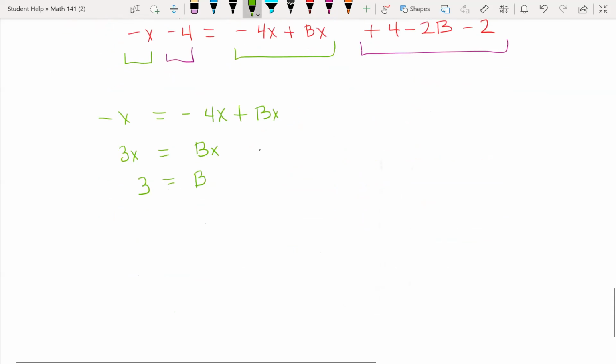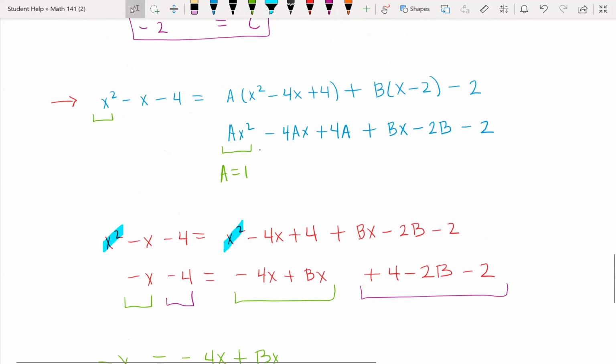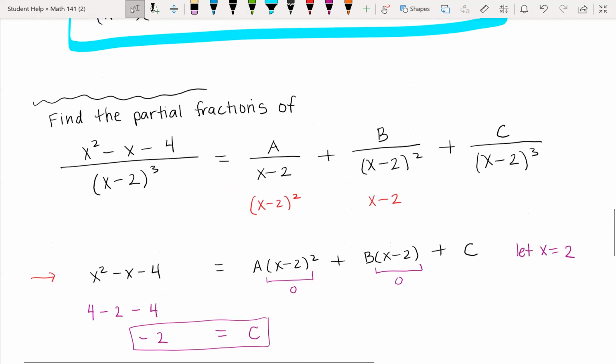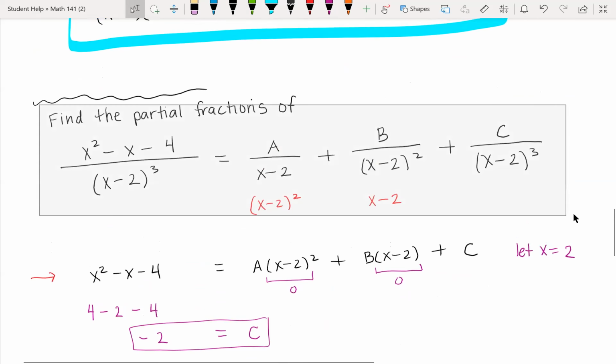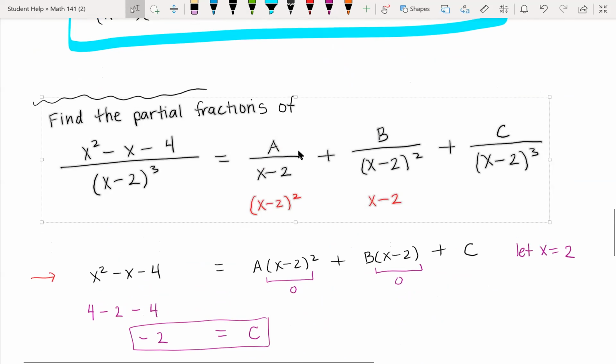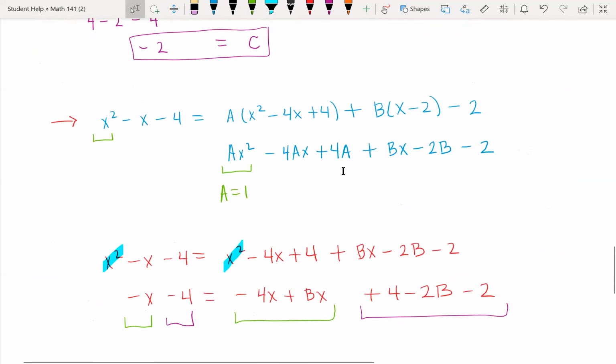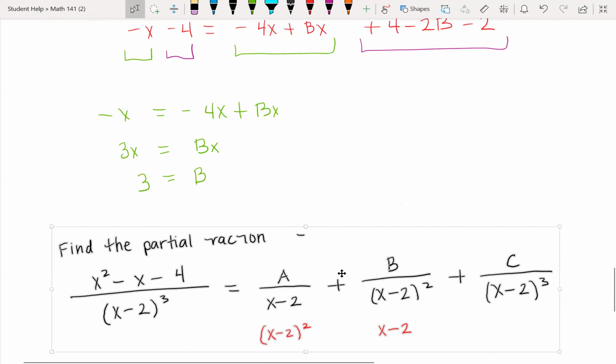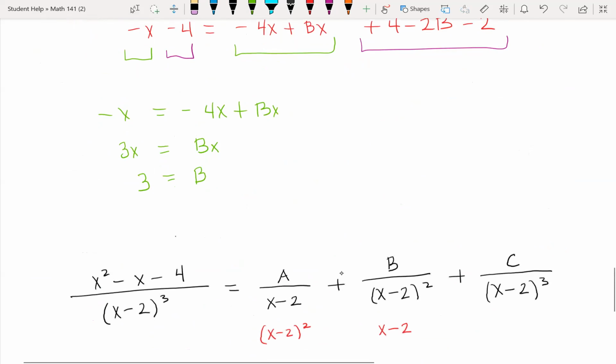Excellent. So my original, way back up here, let's see if I do this right this time. I'll just grab a bigger chunk. So we said that B was 3.